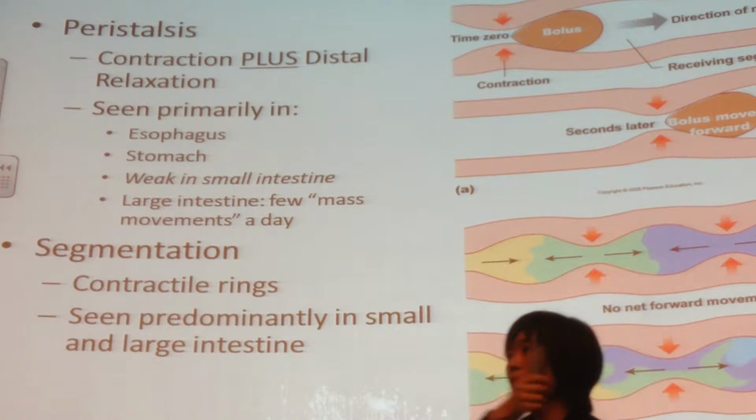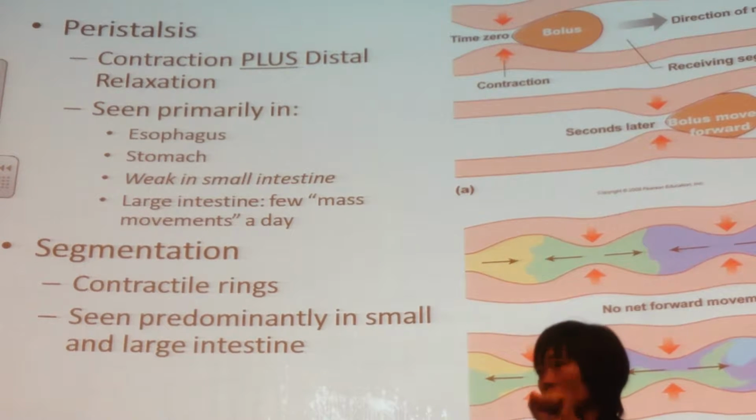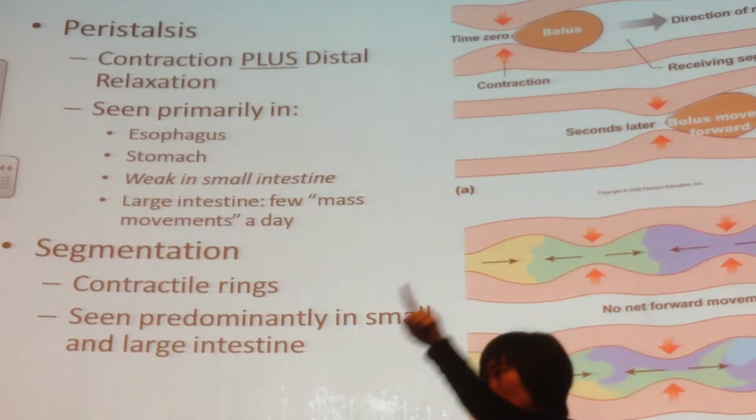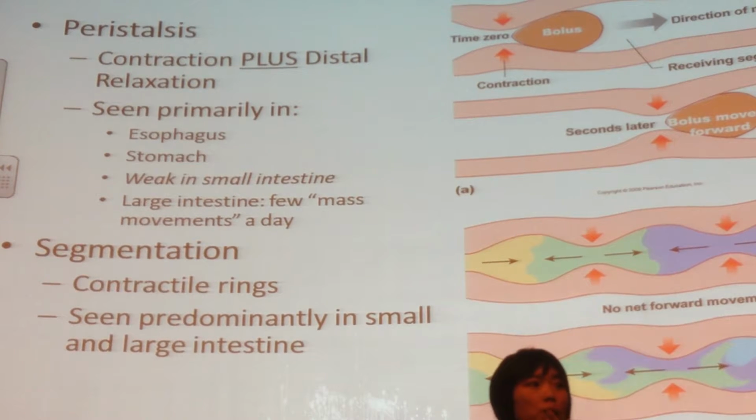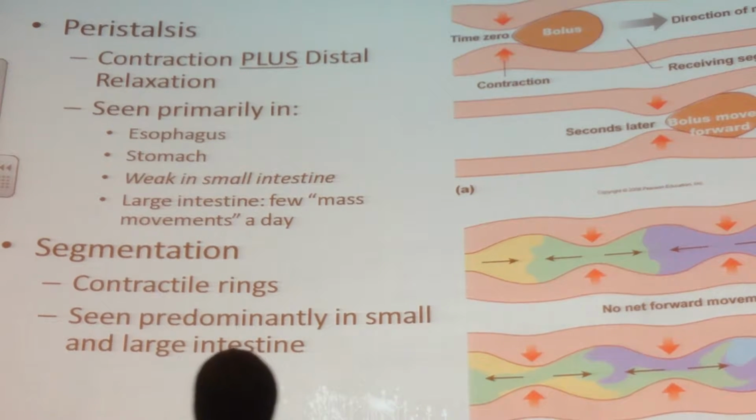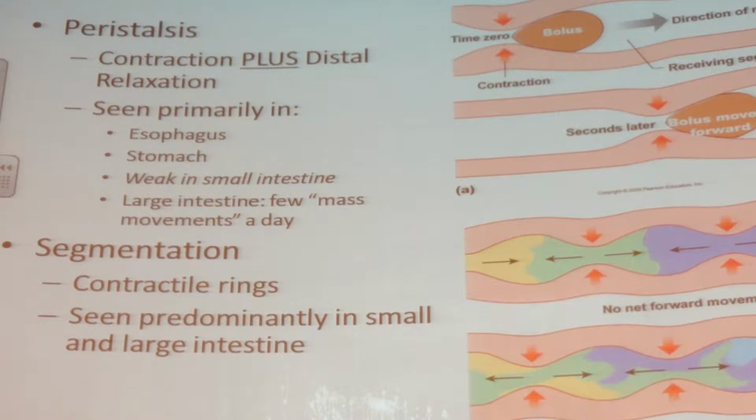Because you have a different frequency, remember the contracting isolation thing, and the rhythm is different, that will be able to push your food down. What you're going to see in this week's lab is actually the small intestine contracting, and very often people confuse it, saying they're looking at a peristalsis wave.